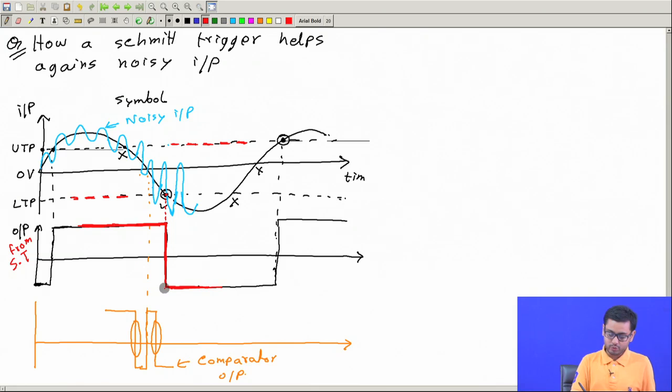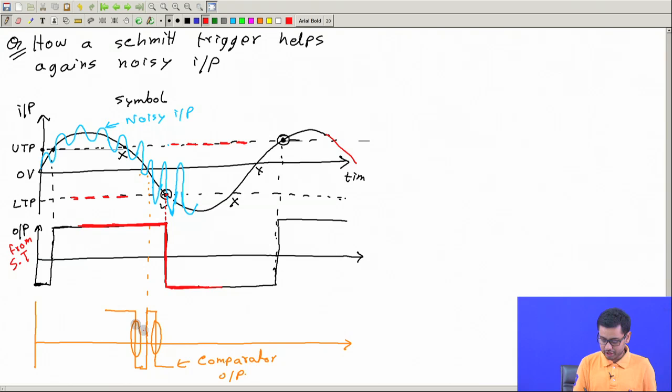And that's what we want, because for this signal you can consider from here to here as one cycle. So we should have only one edge somewhere near here and one edge somewhere near here.